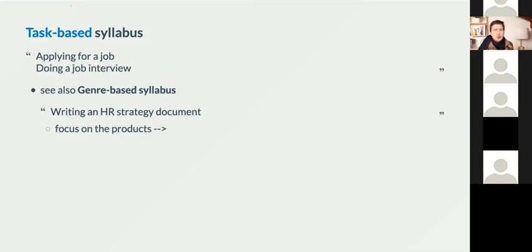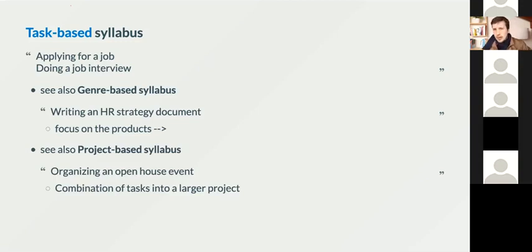A newspaper article, or a scientific article, is another type of text. So all these are different genres. A genre is just a type of text. So you organize your syllabus not in terms of communication acts, but more in types of text, including oral text. So an interview is also a genre. It's an oral genre, a speaking genre, but it's also a type of text.